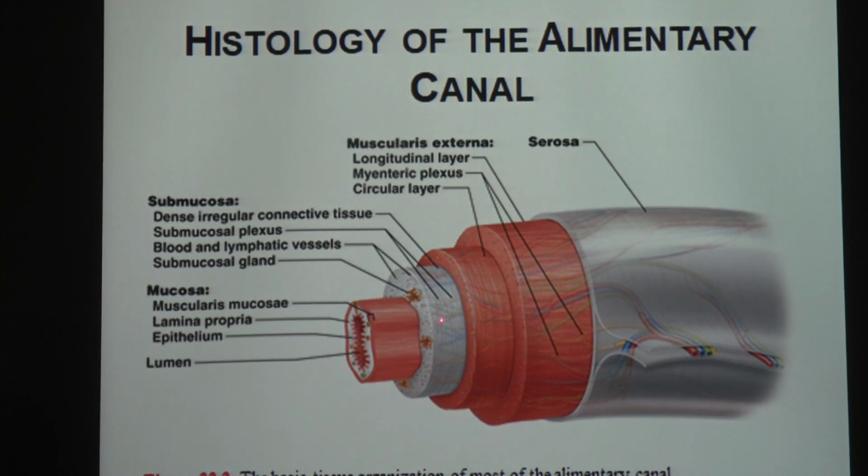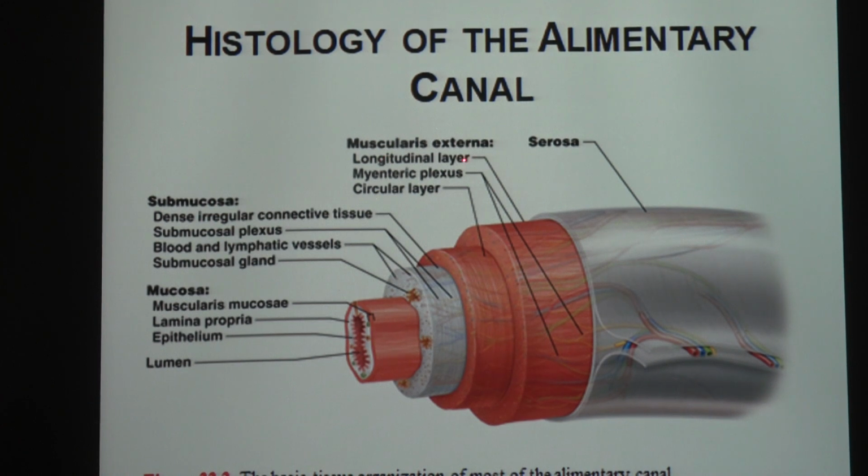Now, the submucosa does not have a muscle-based component to it. It is simply just blood and lymphatic tissues along with dense irregular connective tissue, and it allows for some expansion and contraction because food product that's moving through the area is going to have to be accommodated for with the amount of material that you're moving.